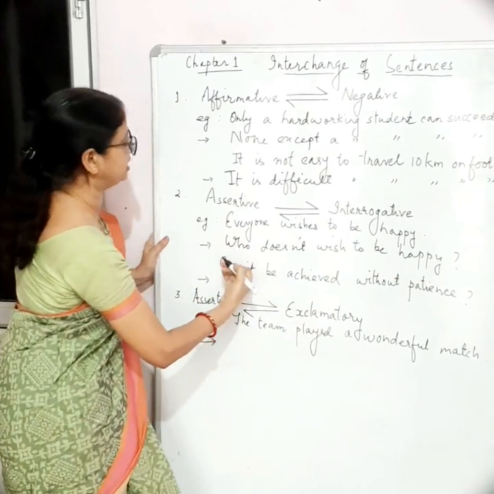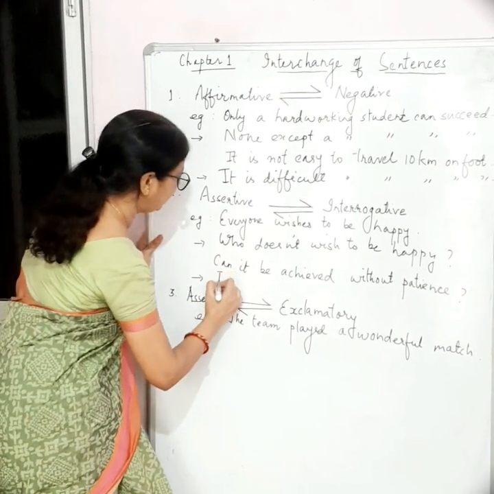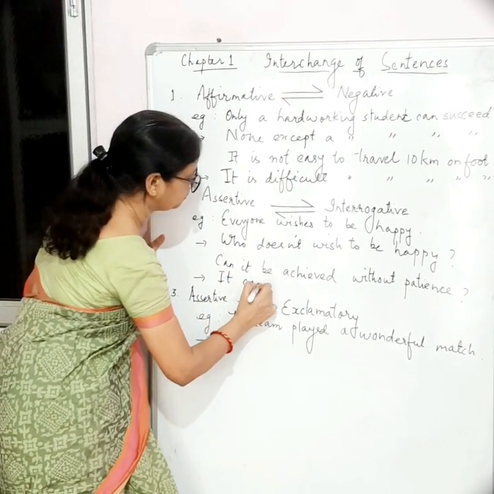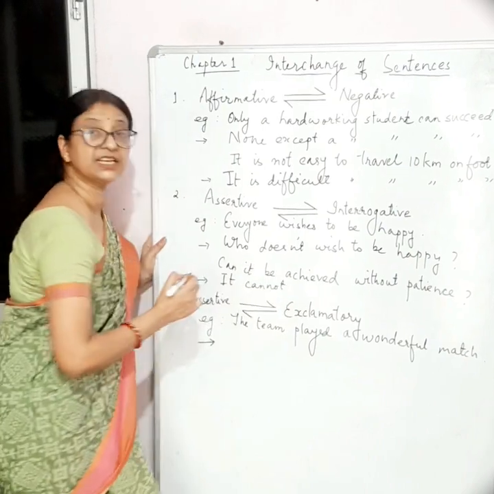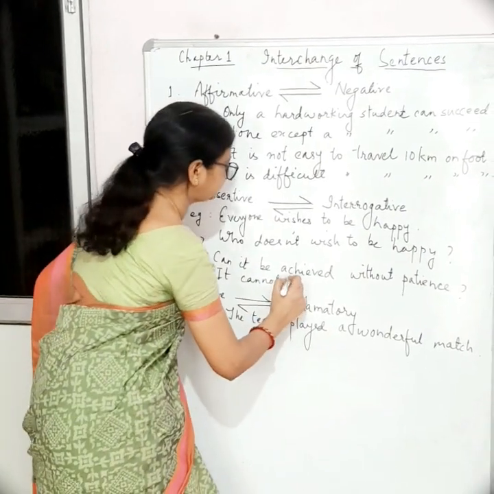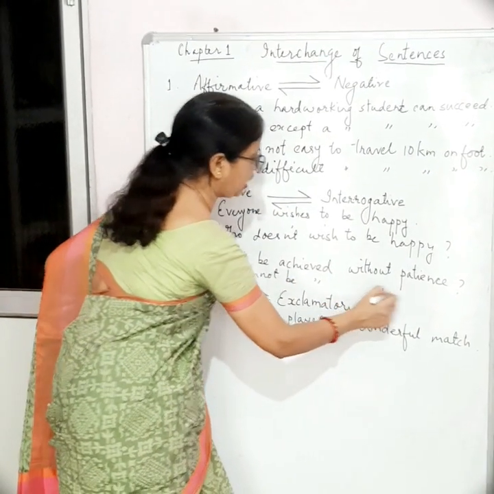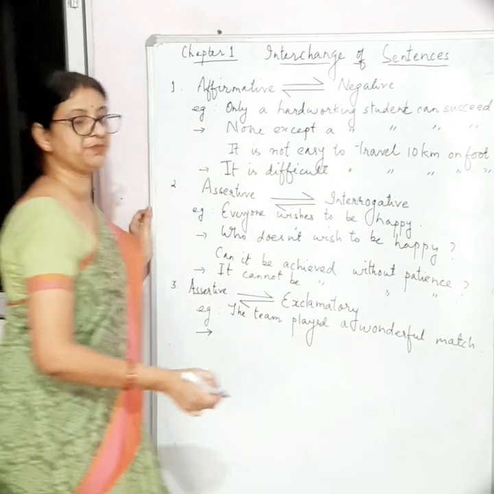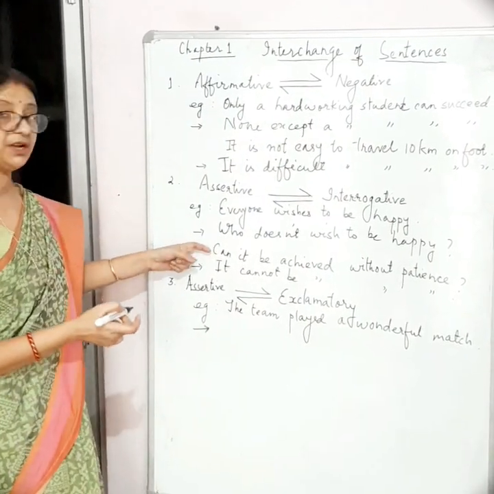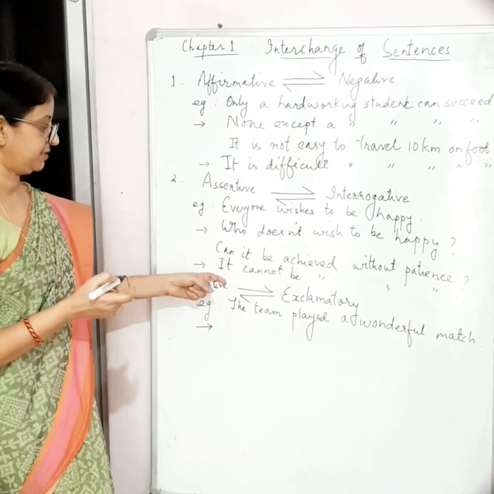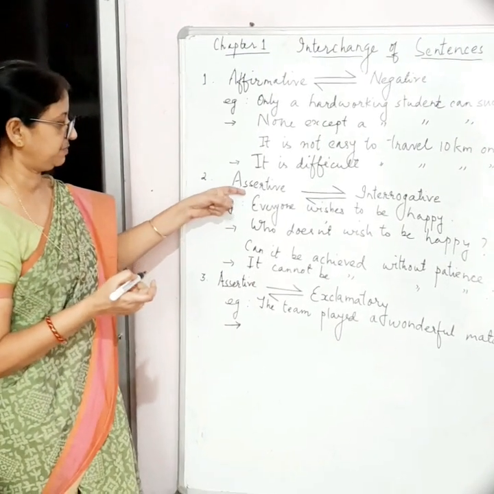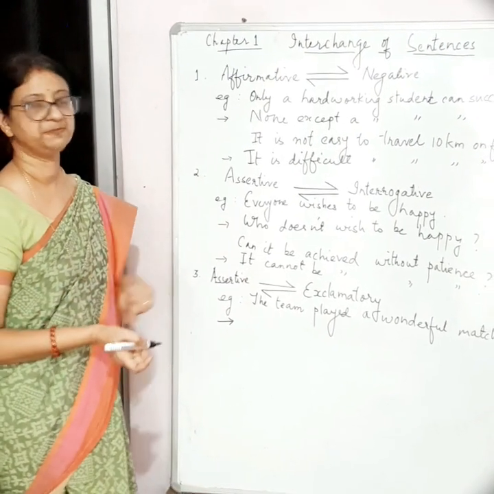So we are going to change it to an affirmative sentence. It cannot be achieved without patience. So we have transformed a question to a statement. Here a statement to a question.